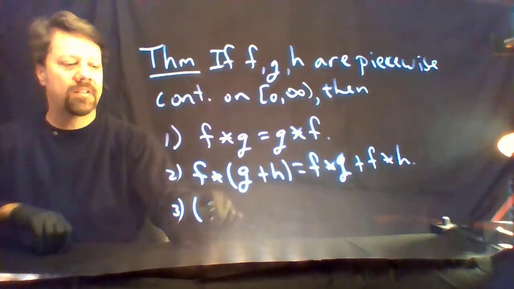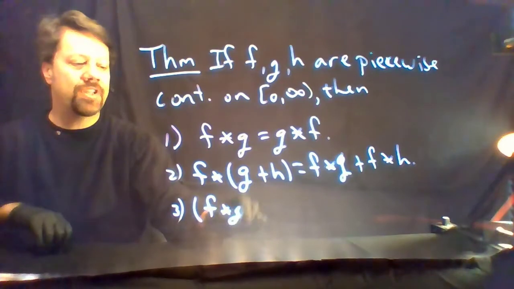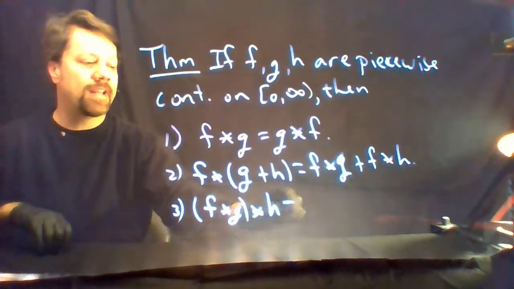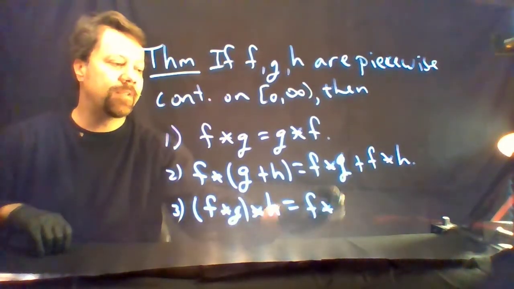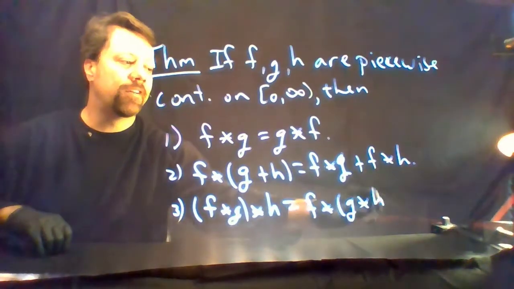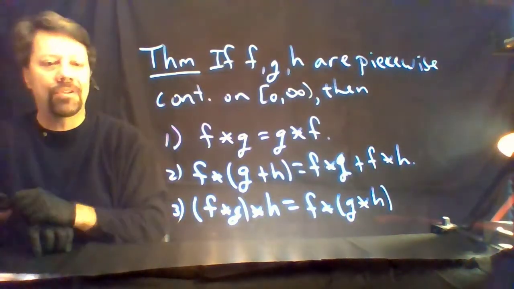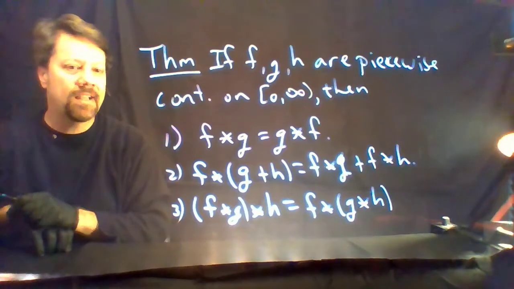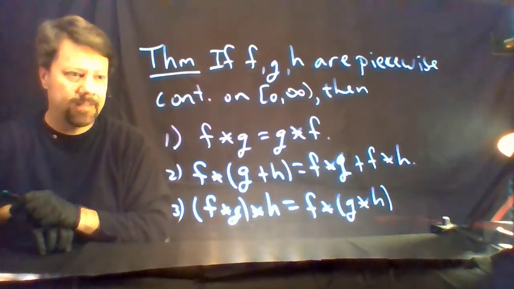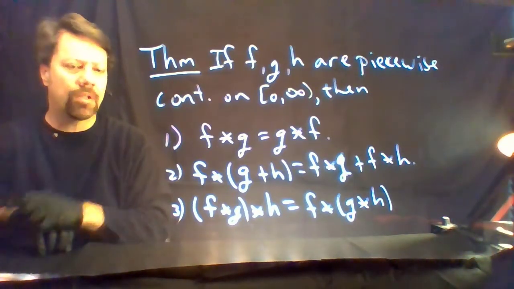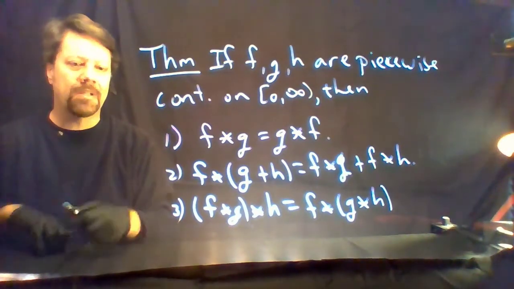Third, f convolved with g convolved with h is equal to f convolved with g convolved with h, which means that the convolution operation satisfies a sort of associative law. Note that the convolution operation is looking more and more like a type of product.